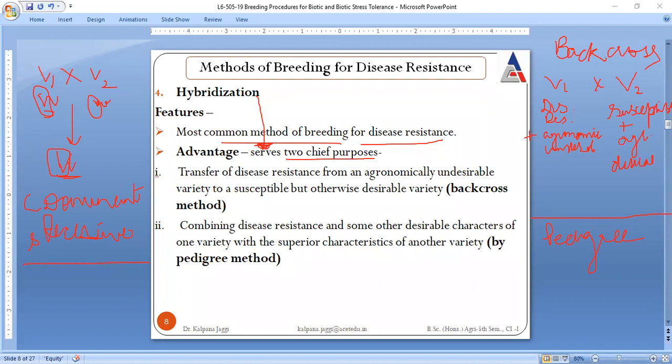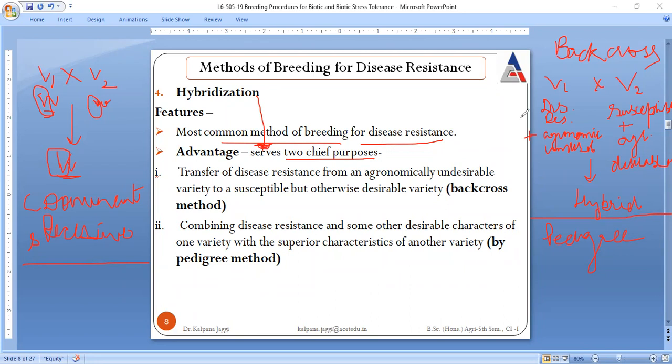So here also we are going to have a hybrid, and we will discuss it more in the backcross methodology.